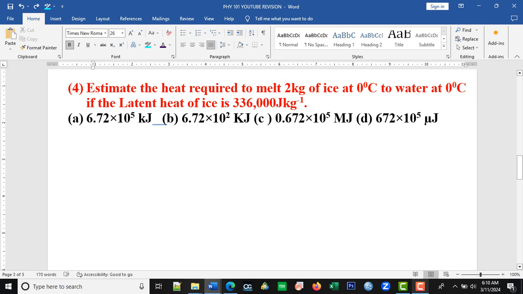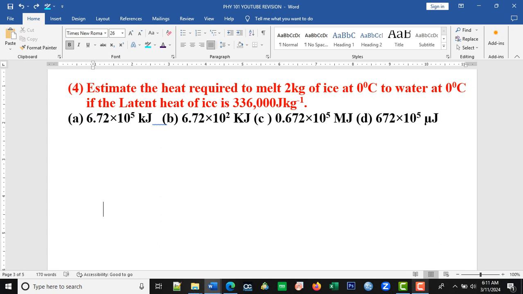This one says, estimate the heat required to melt 2 kilograms of ice at 0 degrees Celsius to water at 0 degrees Celsius if the latent heat of ice is 336,000 joules per kilogram.